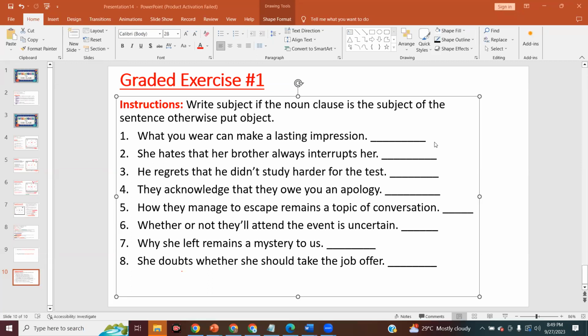Number 8. Okay. And Kenrick Forbes, what number are you on? Number 8. Do you understand what you're doing? Yes, sir. And Lanaya, what number are you on?